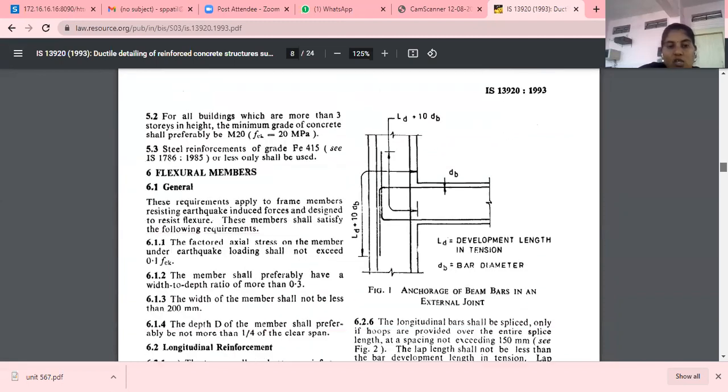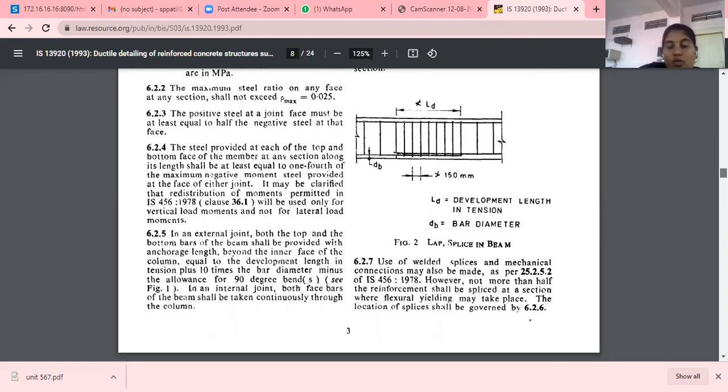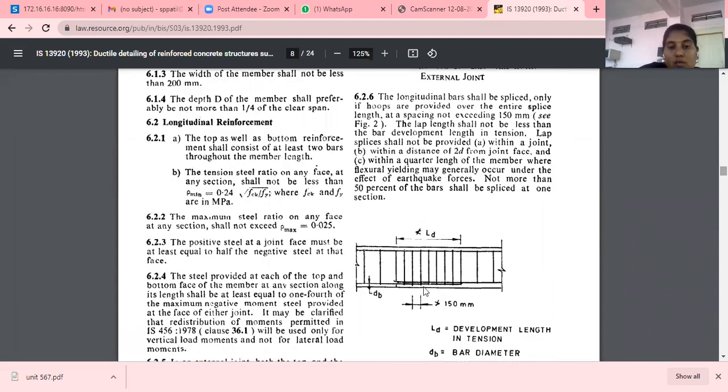General specifications they have given for the flexural members in the longitudinal reinforcement, the vertical reinforcement, lateral reinforcement and the longitudinal reinforcement. What is the factor? What is the formula? How to calculate these reinforcement details in the longitudinal and the lateral direction? Those parameters also they have given.